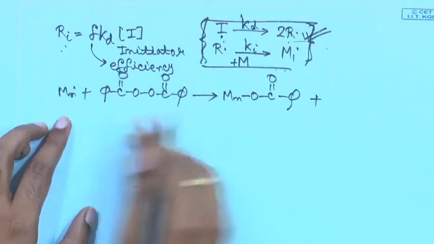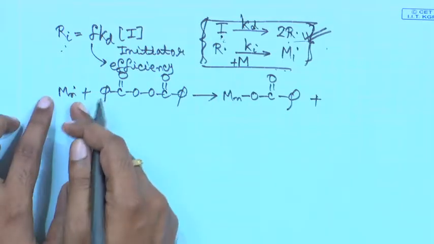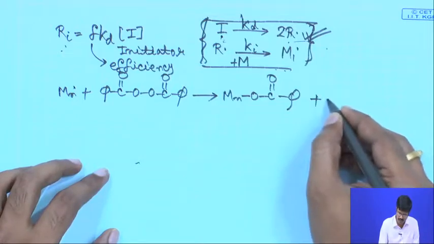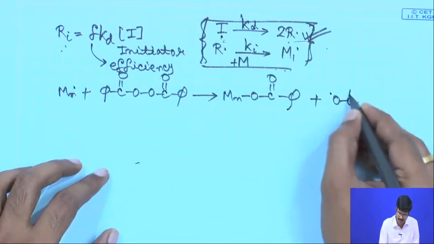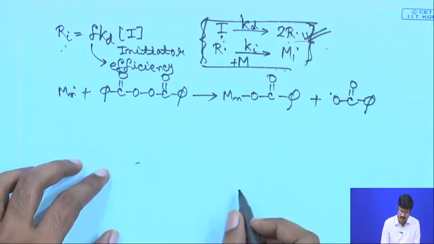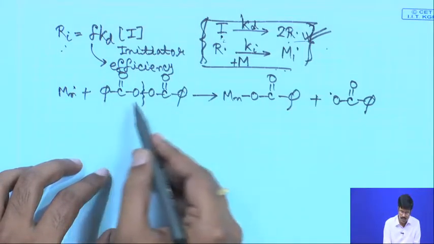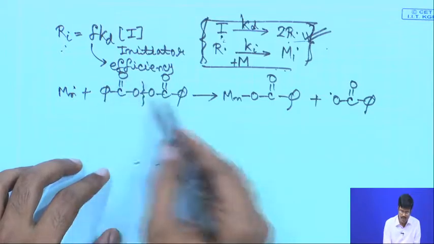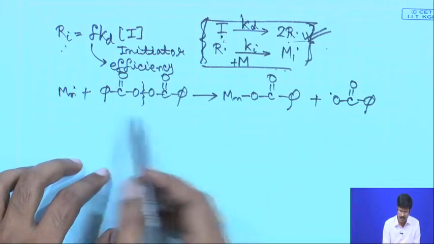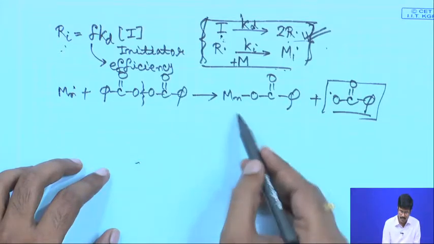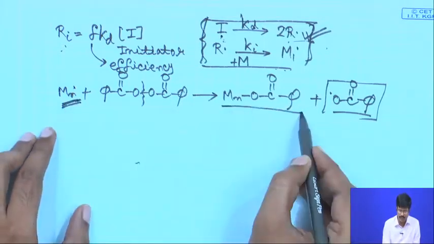This is a process called chain transfer. So the growing chain is transferred from this species to this species. In a normal situation it will form 2 benzoyl radicals, but here it is forming one benzoyl radical, and this growing polymer chain is terminated.